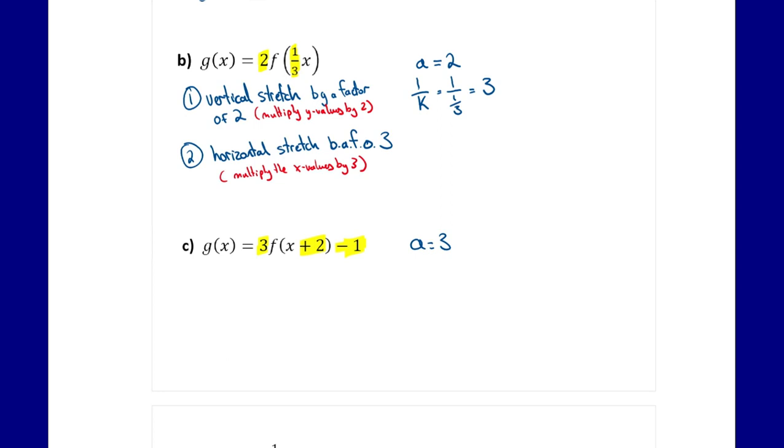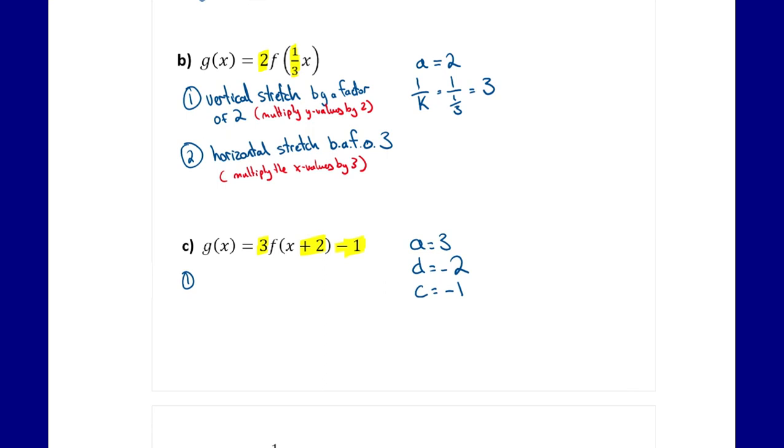No k value, but I do have a d value. Because it's a positive 2, I should remember that it's the opposite of what I'm seeing, so this is actually a negative 2. Then my c value is negative 1. That c value at the end, we don't worry about changing; what we see is what our c value is.